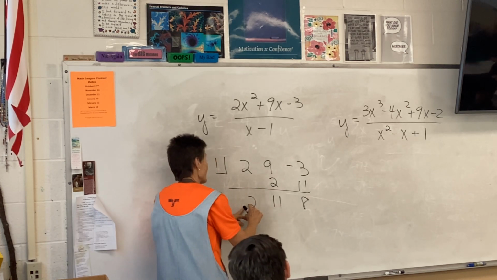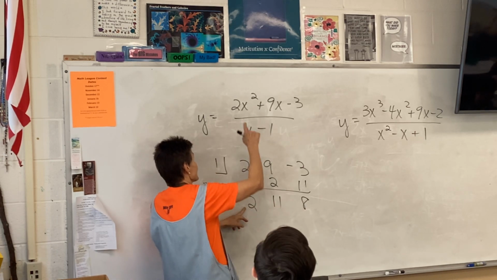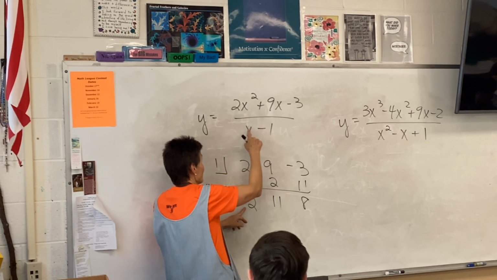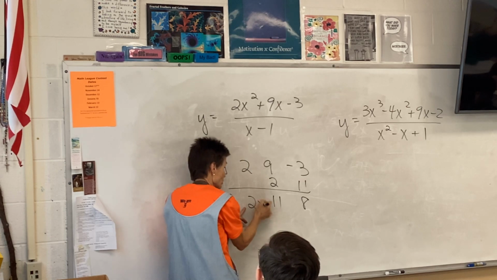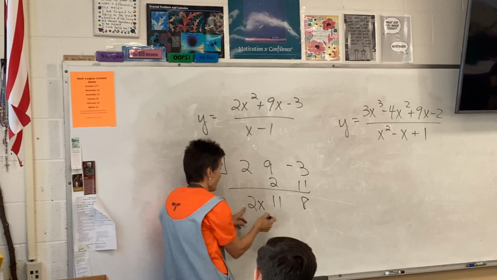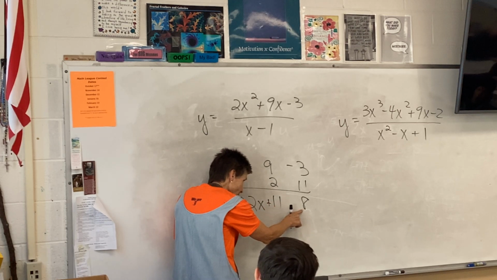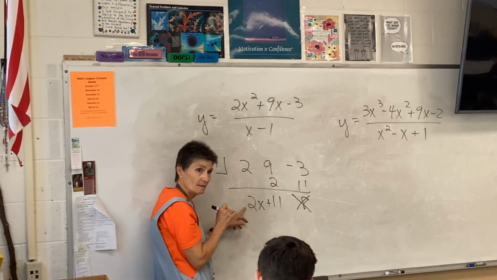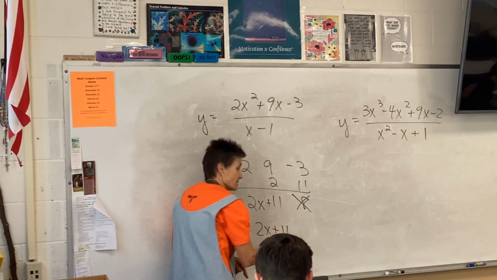So when I start putting x's into this row of numbers right here, since the original problem was x squared, and I'm dividing by x, doesn't it make sense that this would just be a plain x? 1 less, and then plus 11, and what did we say that number was? In slant asymptote land, it doesn't matter, so our slant asymptote is just 2x plus 11.